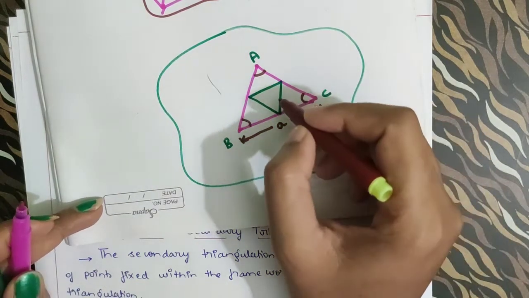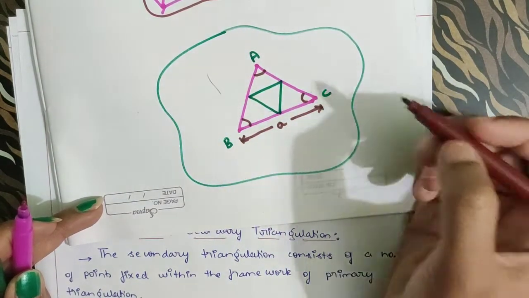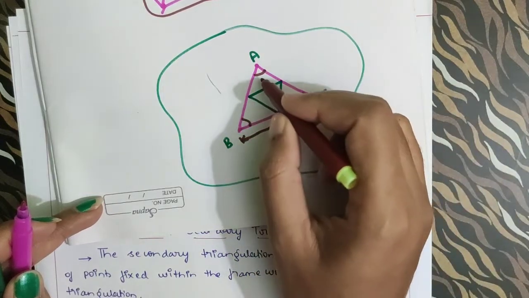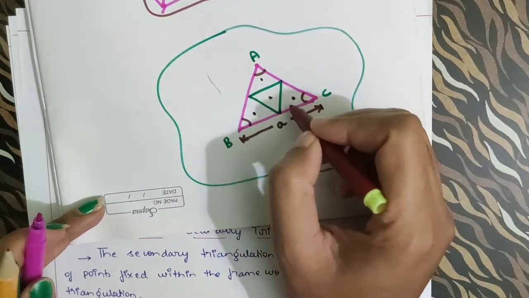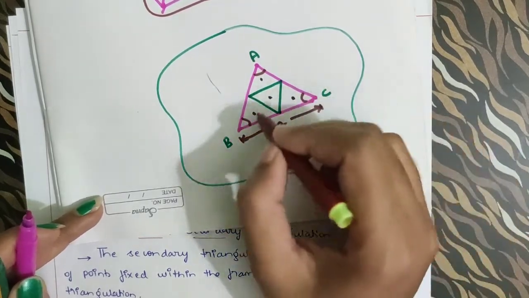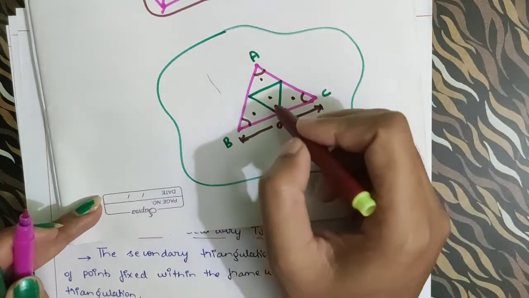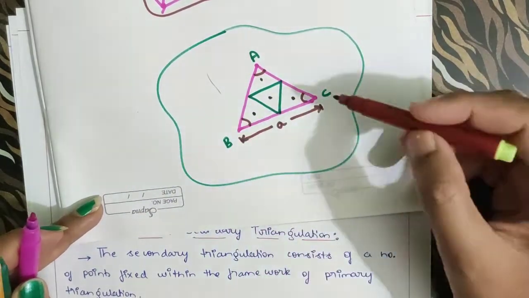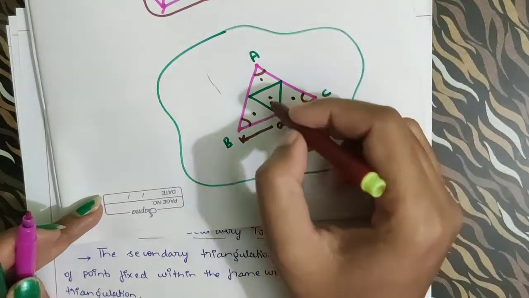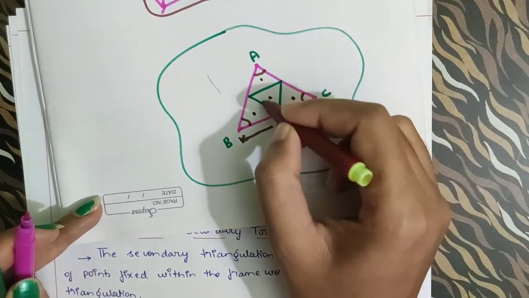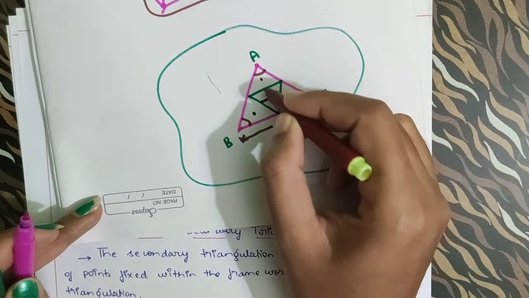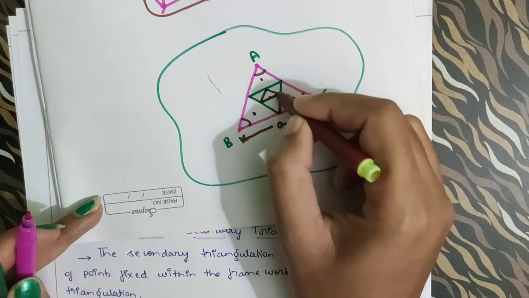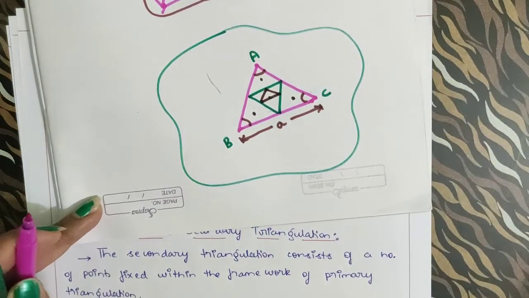Again, coming to the third order or tertiary triangulation, this is your secondary triangulation, isn't it? These four triangles are secondary triangles. Now these four secondary triangles consist of tertiary triangles in them. So this is how it looks.